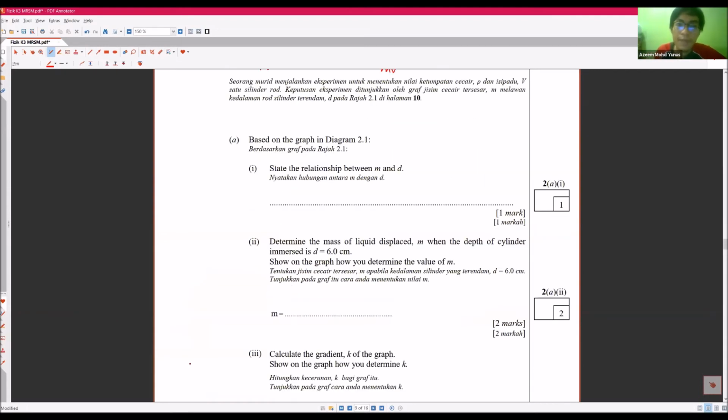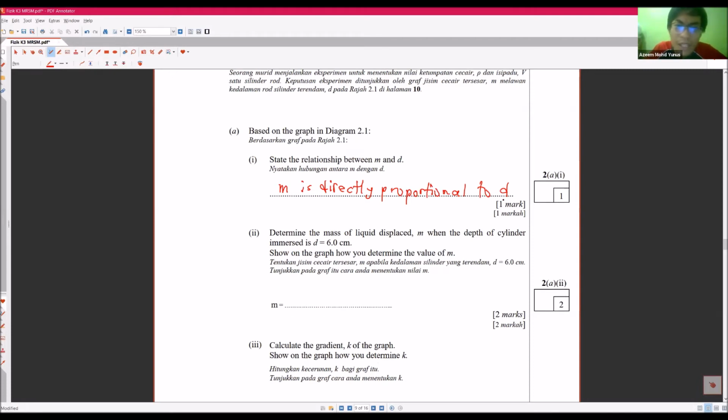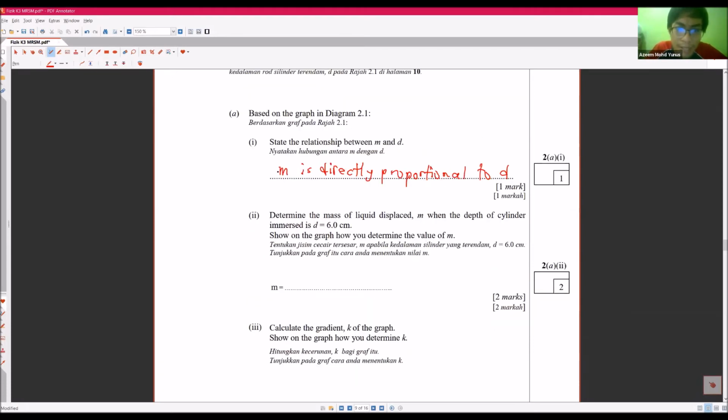Based on the graph, you need to state the relationship between M and D. So basically M is directly proportional to D. You can also write directly proportional without the M and D, but I recommend that you write it in full. You can just use the symbols.